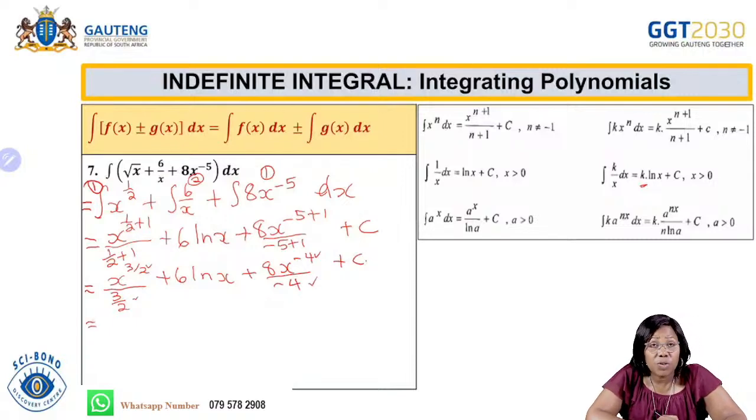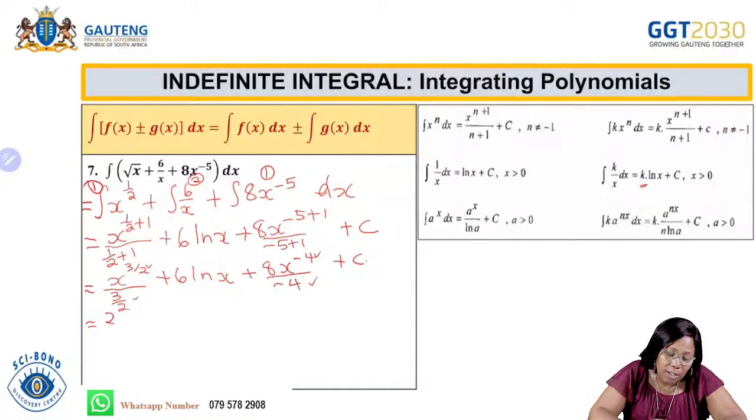And then now first term there, dividing by 3 over 2 is the same as multiplying by 2 over 3. That means it will be 2 over 3 x to the power 3 over 2, plus 6 ln x. And the 8 divided by minus 4 is a minus 2, x to the power minus 4, plus c.